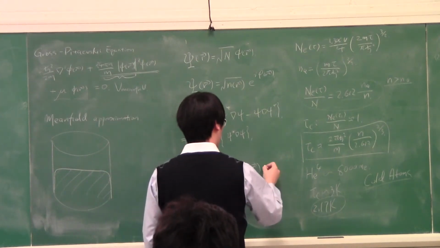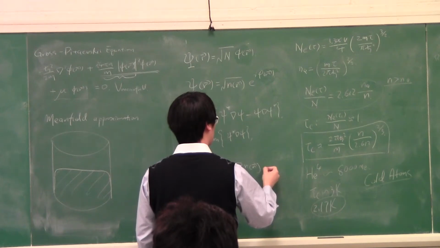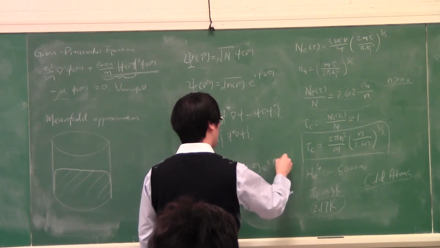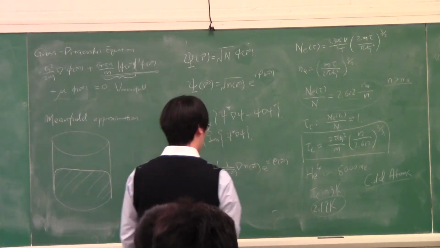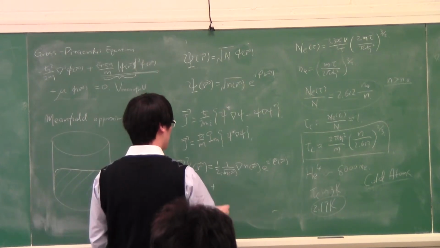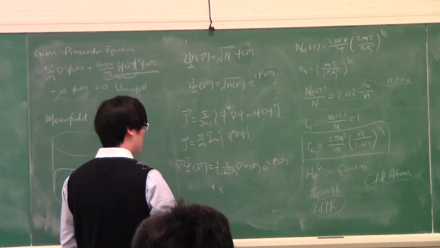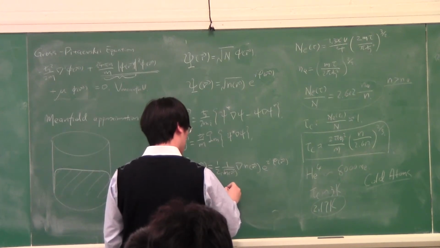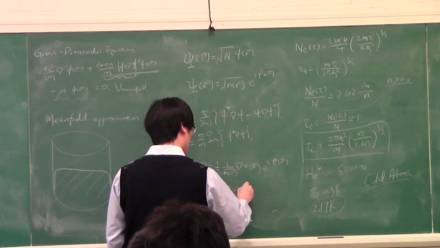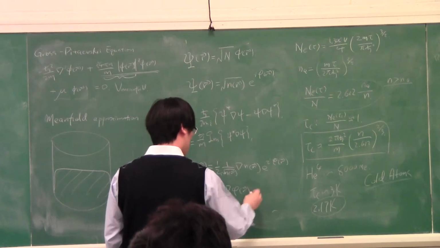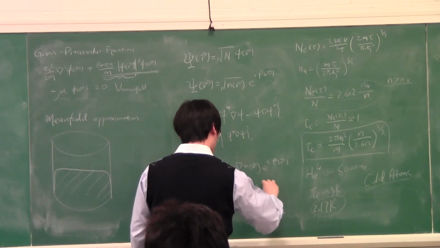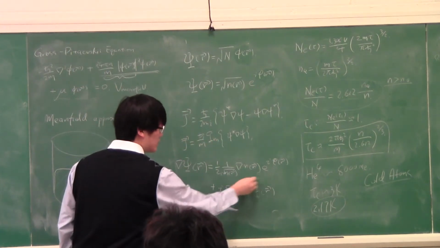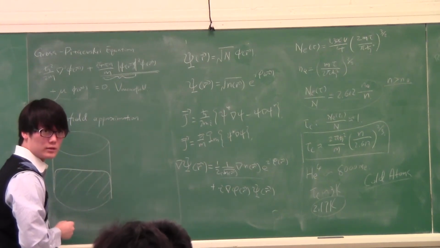And then there's another term, which is i times the gradient of theta of r times the original function. So this is of course the real thing.